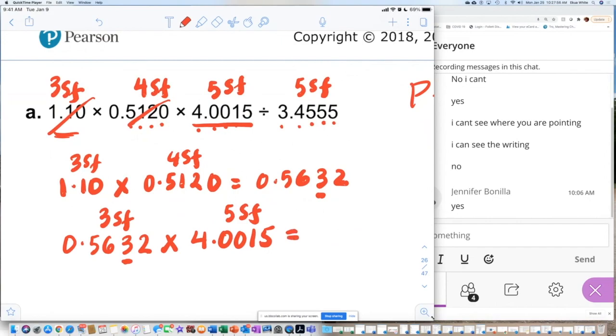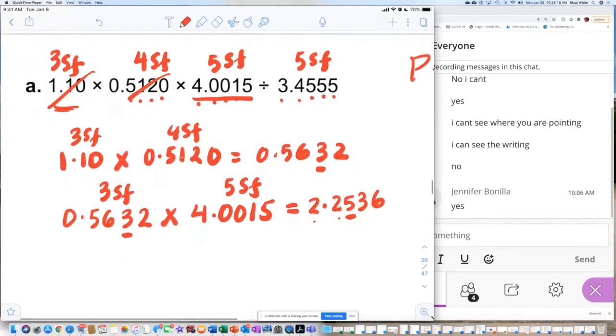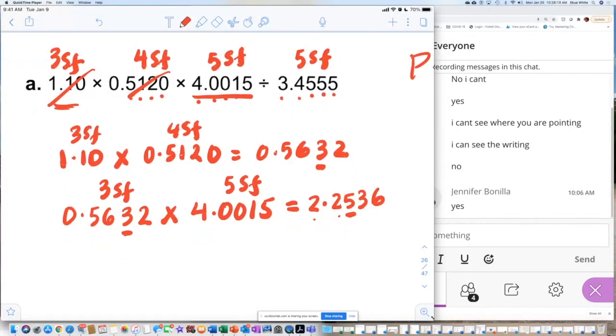But I'm not rounding yet. I'm going to round when I'm finally done. Take that number, multiply it by 4.0015, then I get 2.2536. My answer, 1, 2, 3. Oh, again, 3 significant figures. I'm just going to write this number here, right? The number gets bigger, but I'm just going to leave that.